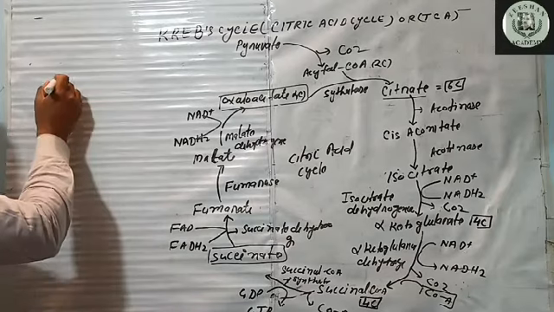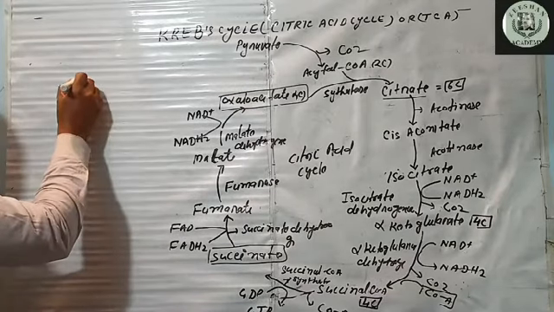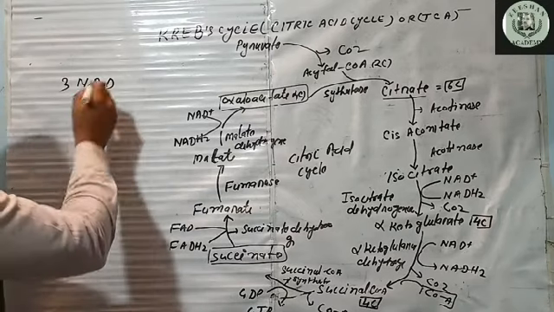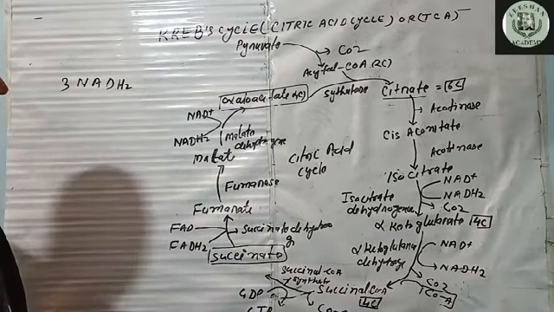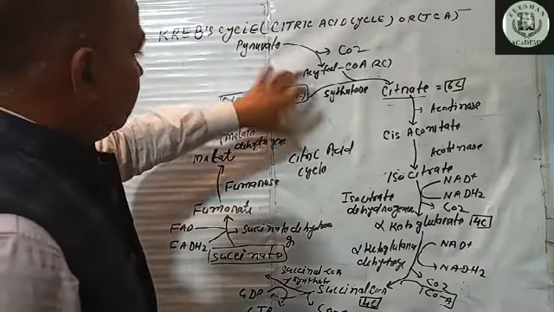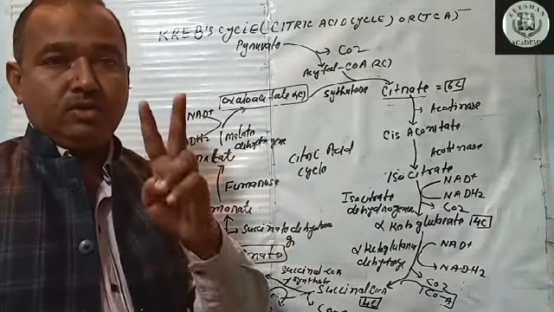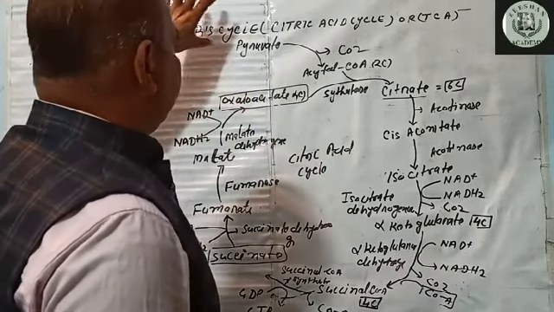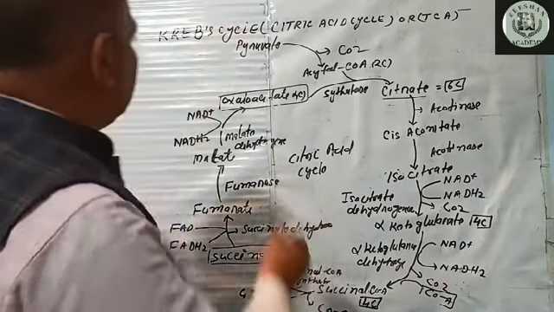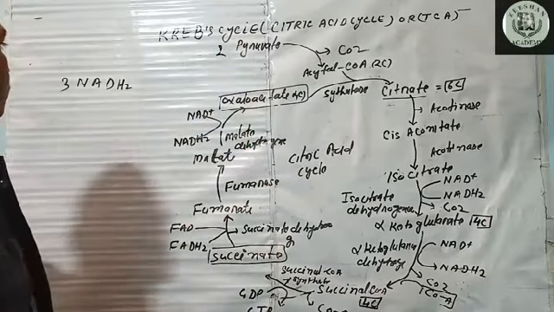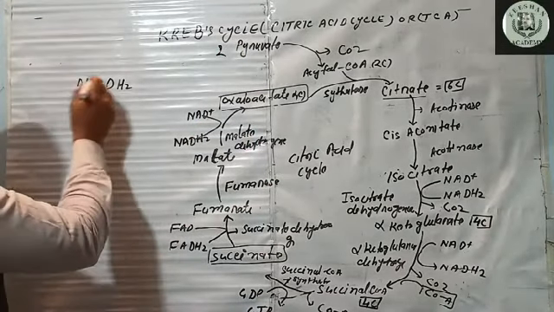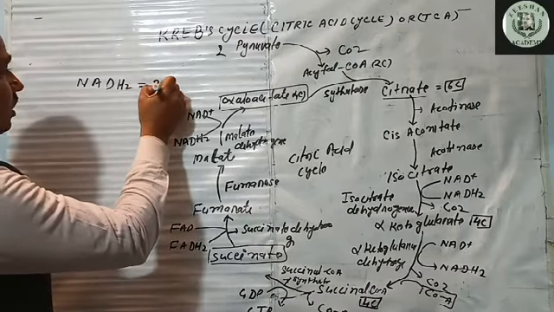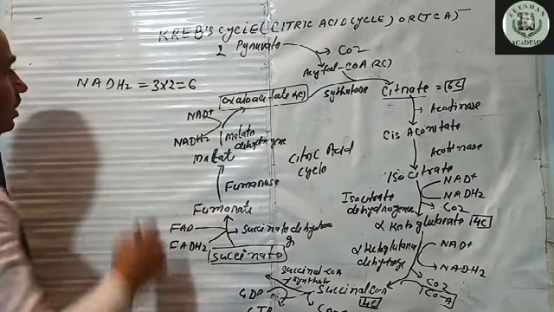So the total number of NADH2 is 3, but you know that the Krebs cycle operates 2 times, because for the breakdown of a glucose molecule 2 pyruvate molecules are formed. So ultimately the number of NADH2 is 3 into 2, equal to 6.